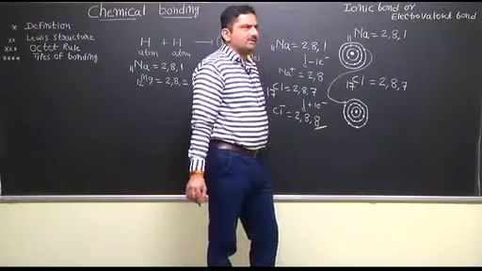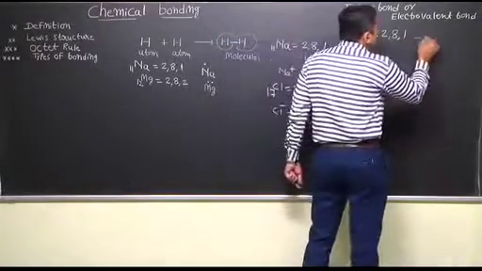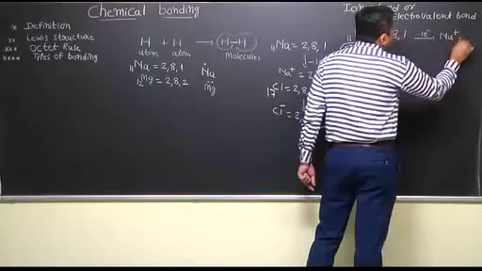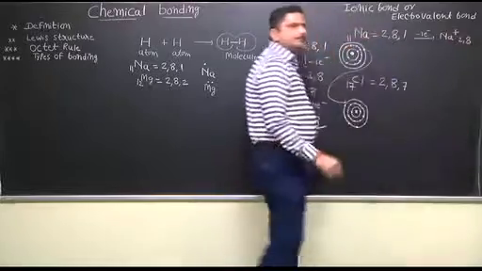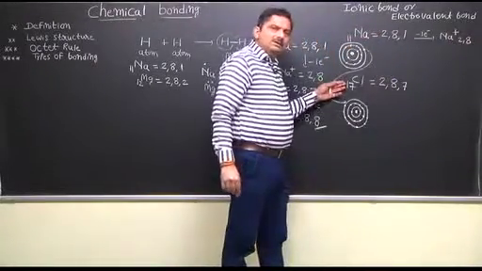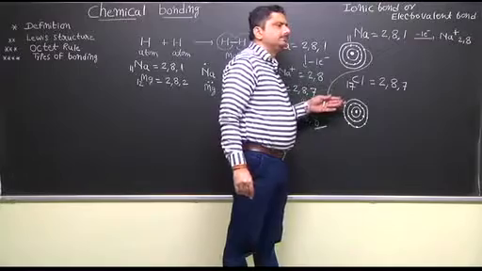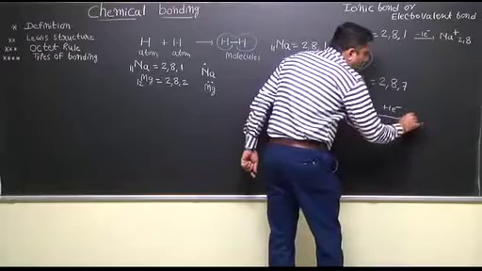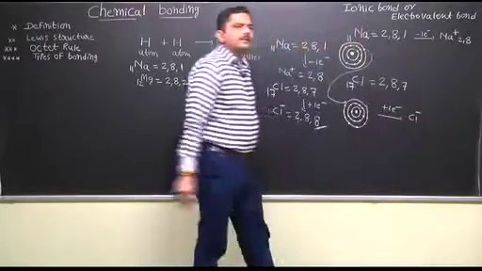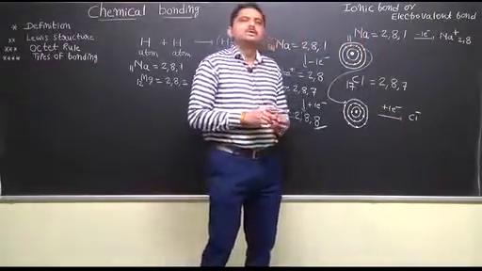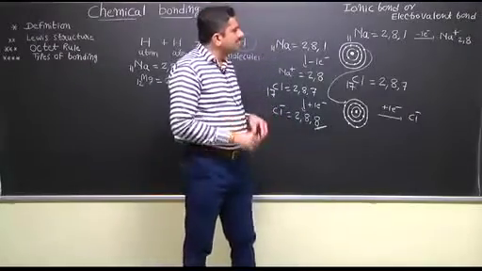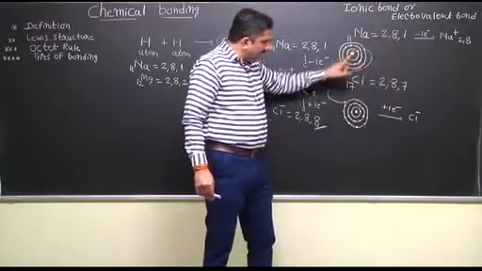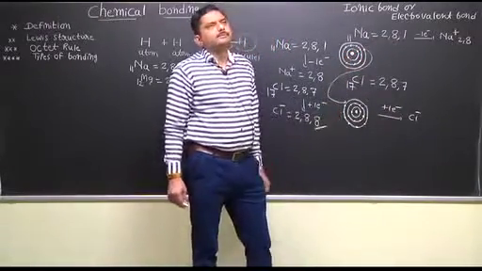After donation of the electron, it forms a cation, while the chlorine atom accepts one electron and forms a chloride ion. Means the bond which is formed by transfer of one or more electrons from one atom to another atom is called an ionic bond.